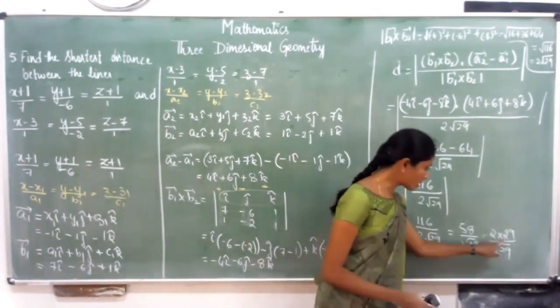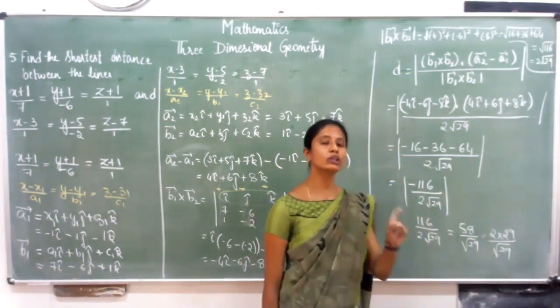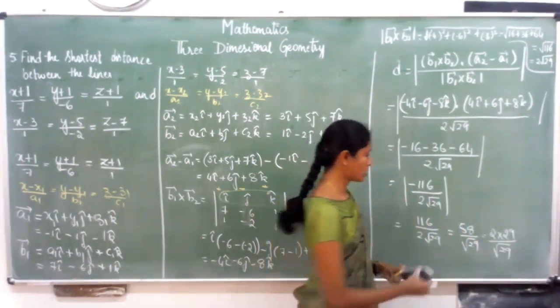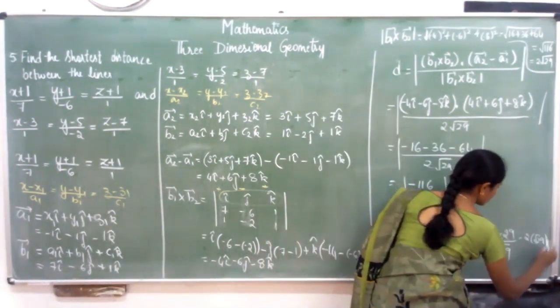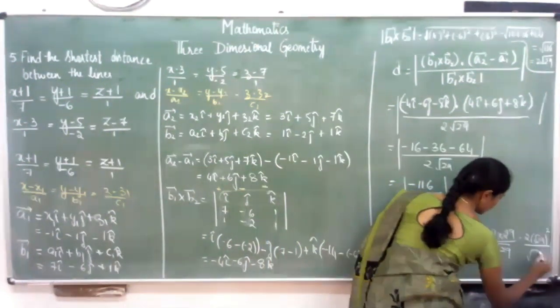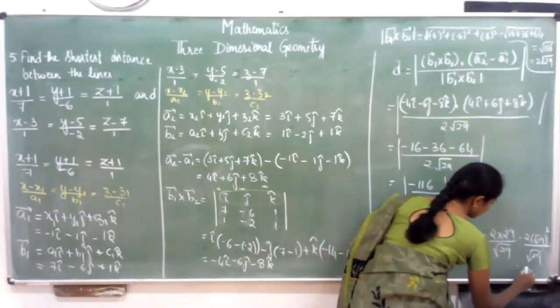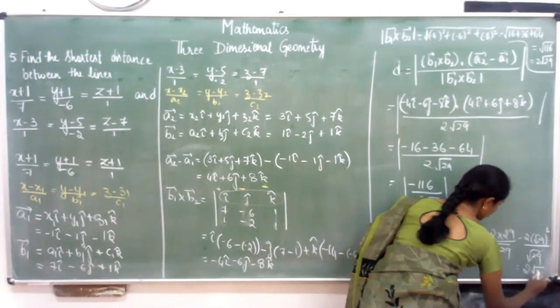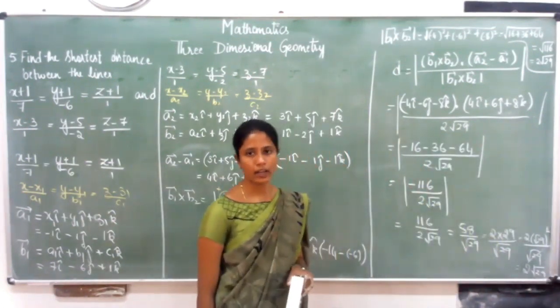Here, I shall write this 29 as root 29 the whole square. So if I write 29 as (root 29) whole square, divided by root 29, one of the 29s gets cancelled. So we get the final answer as 2 root 29. Understood?